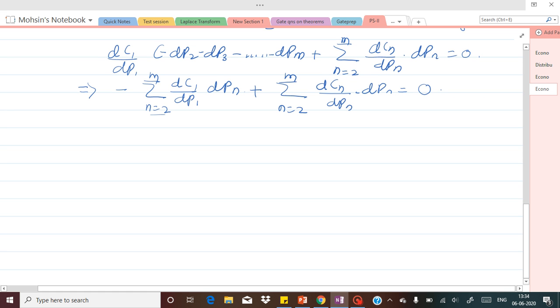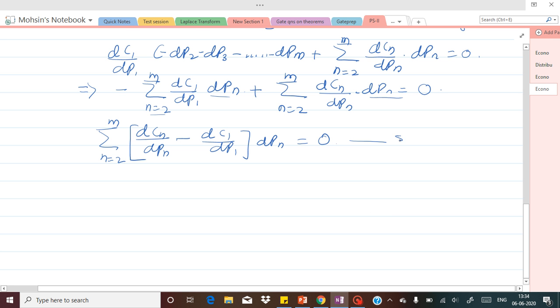Or we can write by combining the two summations as the range is same. So summation between n equal to 2 to m, first term is positive, so dcn by dpn, into dpn, we will take common, minus the other term dc1 by dp1, into dpn equal to 0.